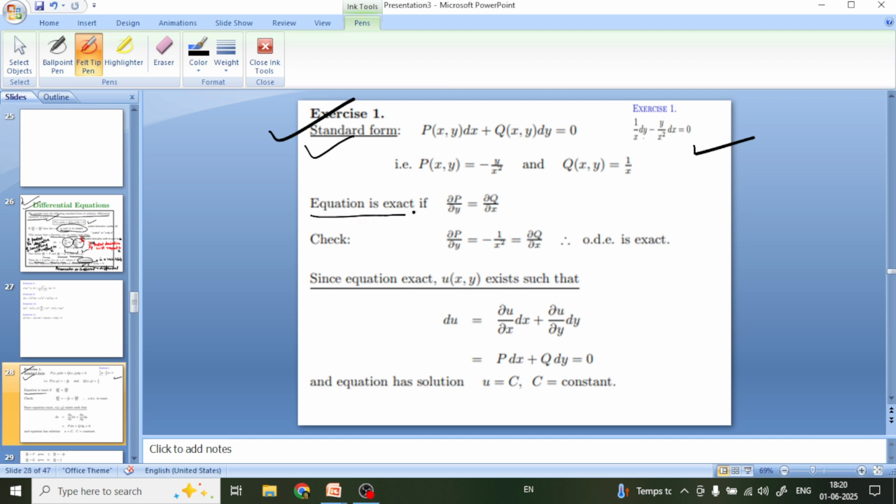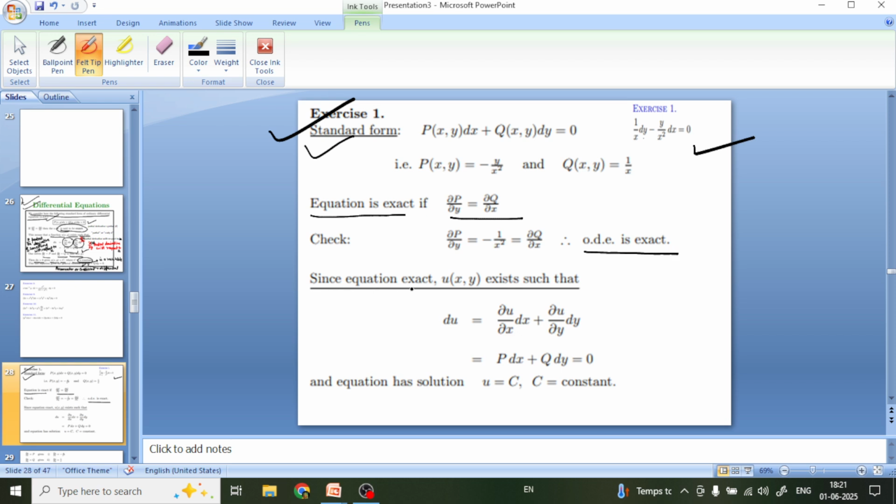The equation is exact if the partial derivative of P with respect to y is equal to the partial derivative of Q with respect to x. The partial derivative of P is equal to minus 1 by x square, and that should be equal to the partial derivative of Q. So the first order differential equation is exact.